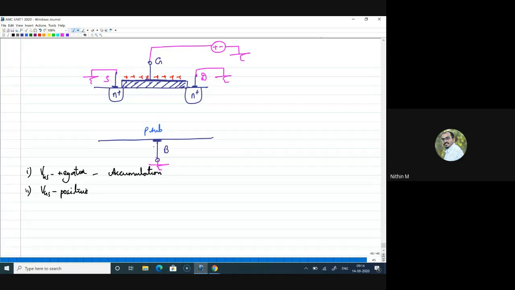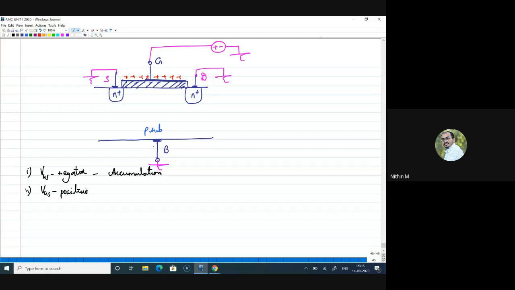So plus charges accumulate on the metal gate, and those positive charges will repel the positive charges here, or attract negative charges towards the region beneath the gate.